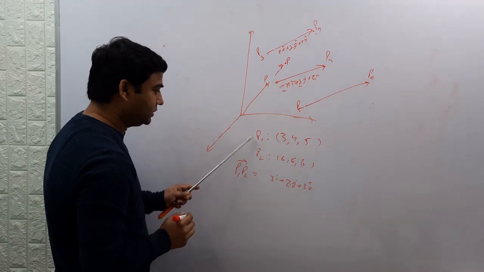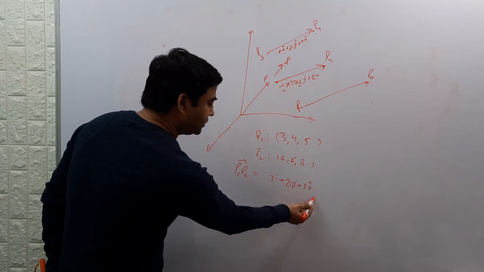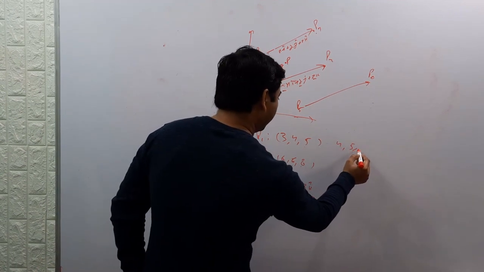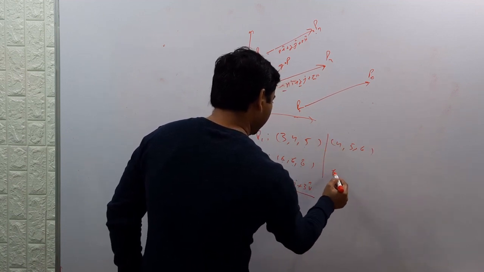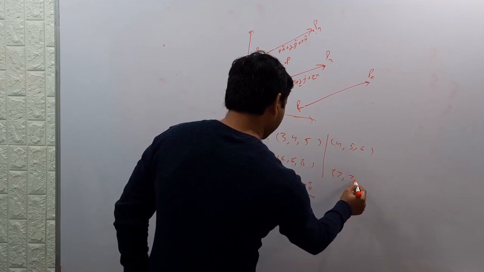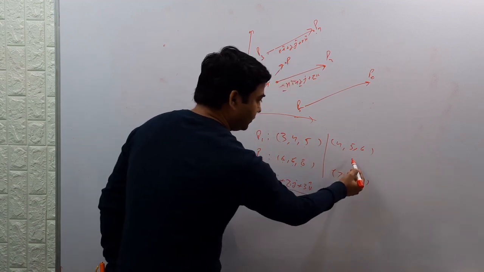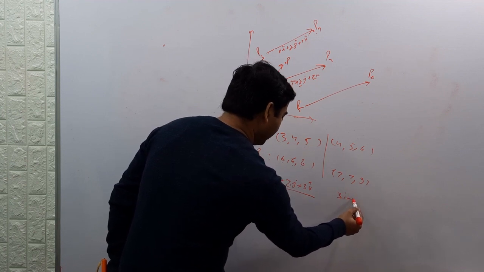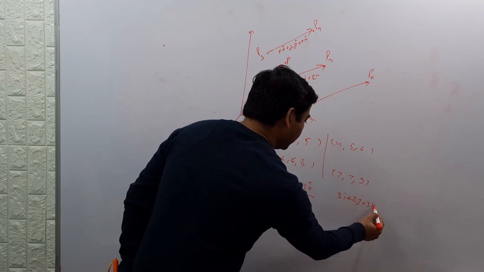So this is the vector joining these two points. There can be another combination of points which will give the same vector. For example, another point is 4, 5, 6 and this is 7, 7, 9. So the vector joining these two points will also be 3i plus 2j plus 3k.